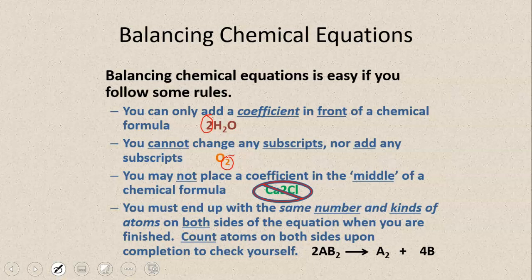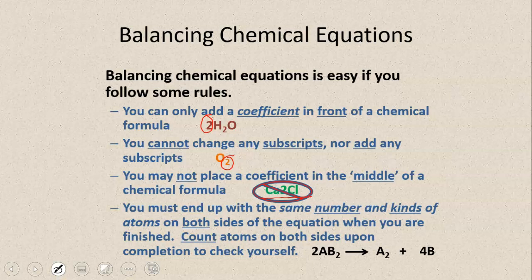You may not place a coefficient in the middle of a chemical formula. Okay? That does not work. Coefficients have to be at the beginning of a formula, because coefficients tell us how many molecules there are of a particular substance. So if you tried to add a coefficient in the middle of a molecule, then you're trying to tell us that you're adding only part of a molecule, and you just can't do that.